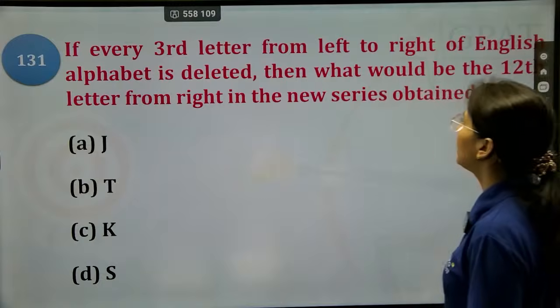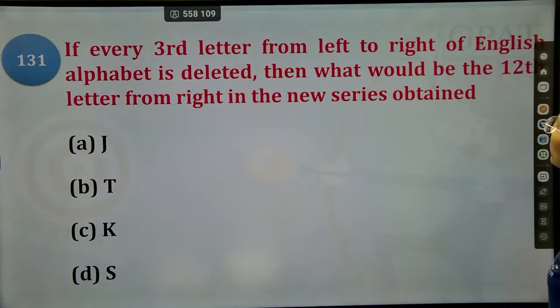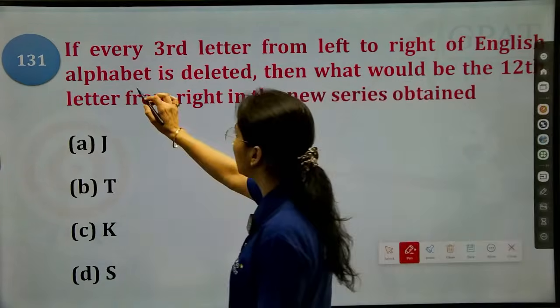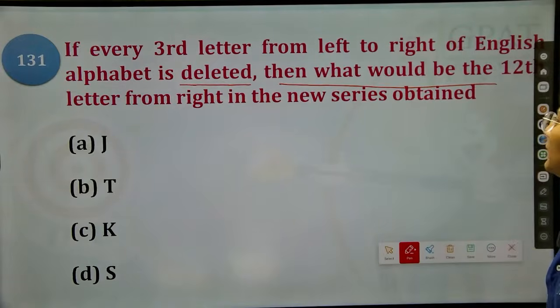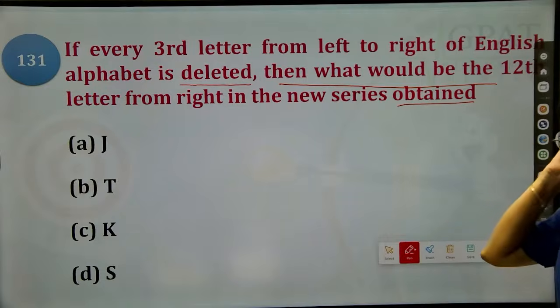Next, if every third letter from left to right of the English alphabet is deleted, then what would be the 12th letter from the right in the new series obtained? So what will be the new series if you delete every third letter?